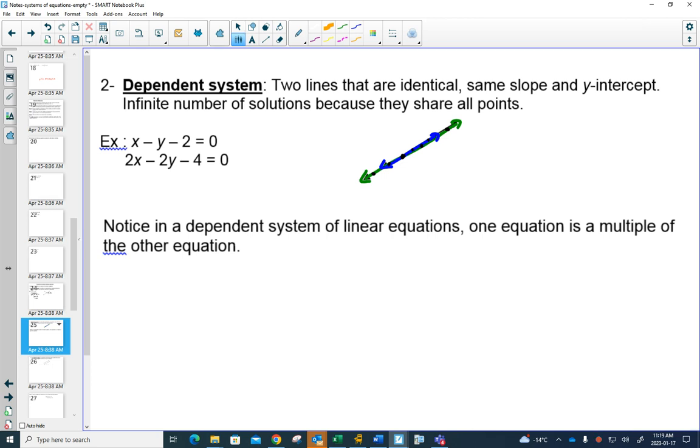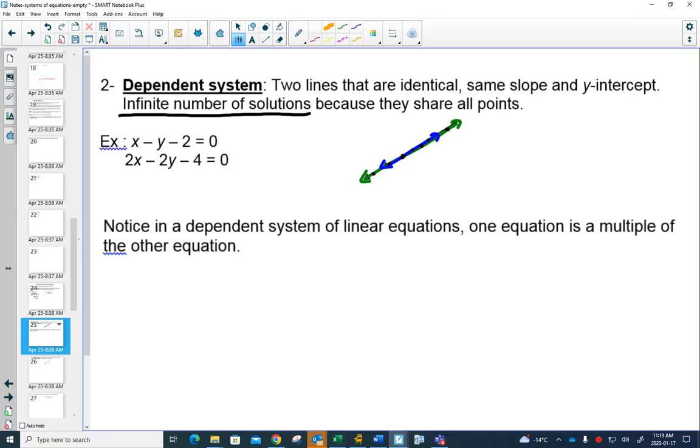So we say that in a dependent system, there are an infinite number of solutions. But we're going to discover today what happens. Graphically, if you tried to solve this graphically, you'd be like, I just drew the same line twice. If you drew the same line twice, infinite solutions.